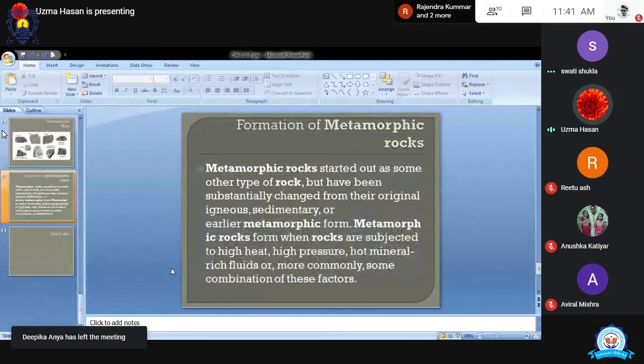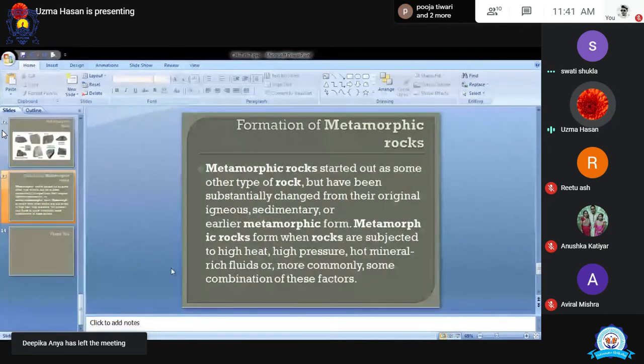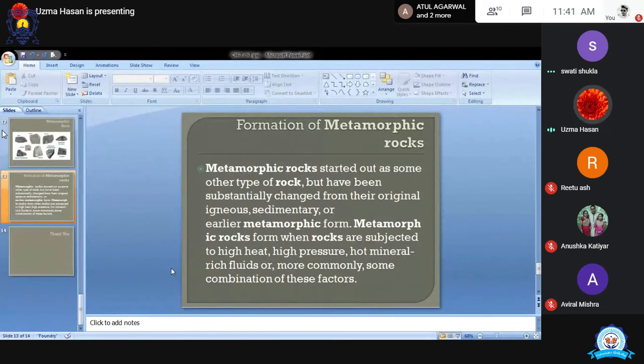Rock probably changes from its original igneous, sedimentary, or earlier metamorphic form. Metamorphic rock forms when rocks are subjected to high heat, high pressure, hot mineral-rich fluid, or more commonly some combination of these factors.